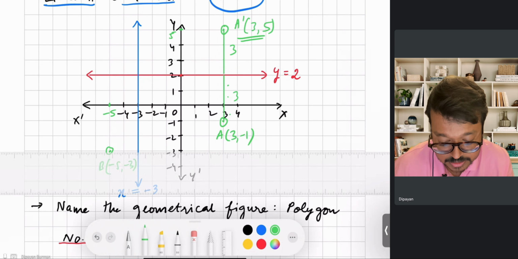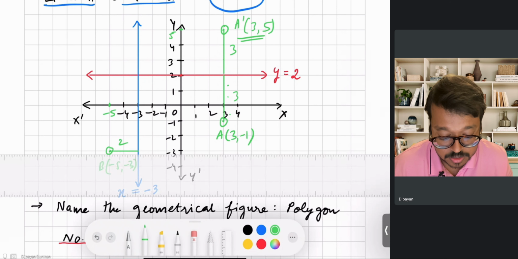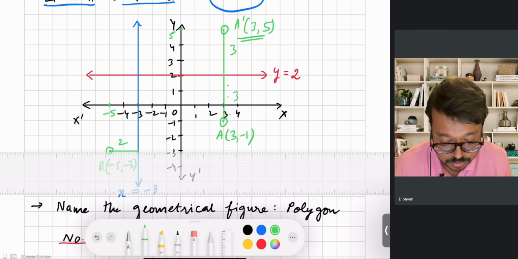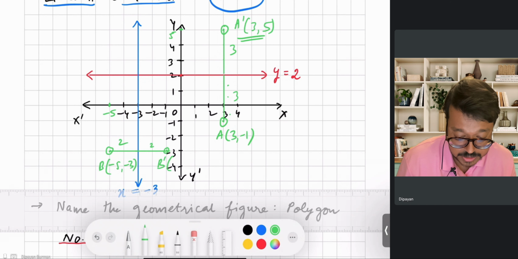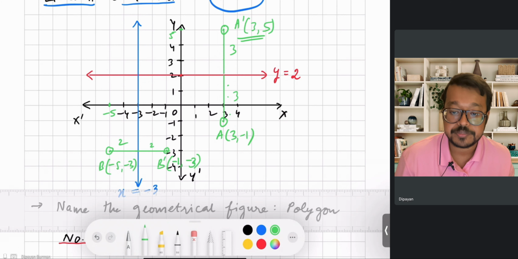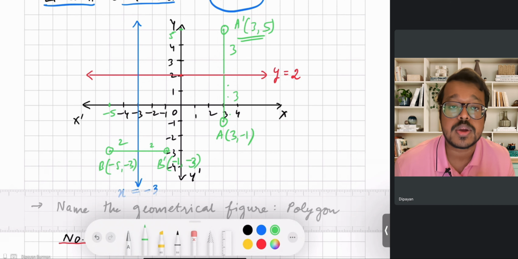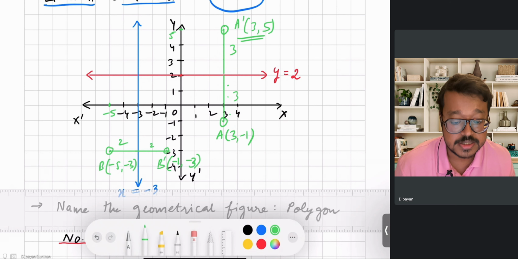So if I see that this point is 2 units on the left of the line, so I can predict that the image will be 2 units on the right side of the line, and I'll get the point B dash where the x coordinate is minus 1 and the y coordinate is minus 3.